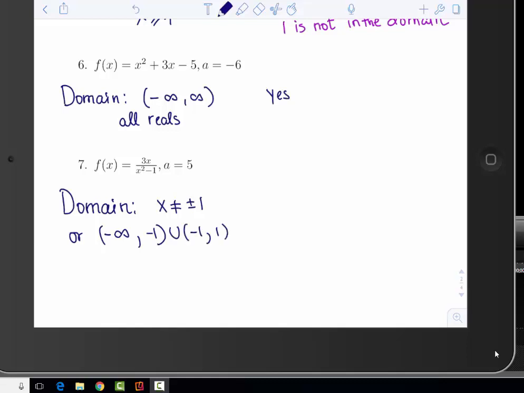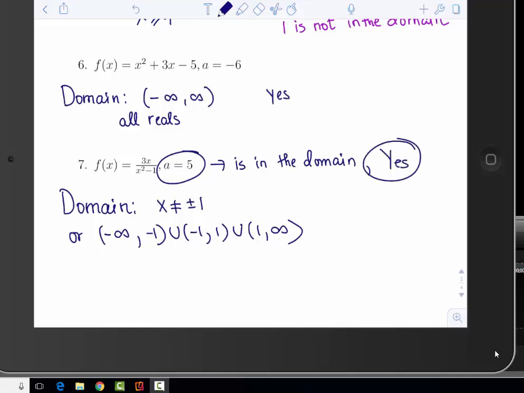From negative 1 to 1, and from 1 to positive infinity. 5 is in the domain, so the answer is yes. Okay? It is continuous at any point except the ones that make the denominator equal to 0.